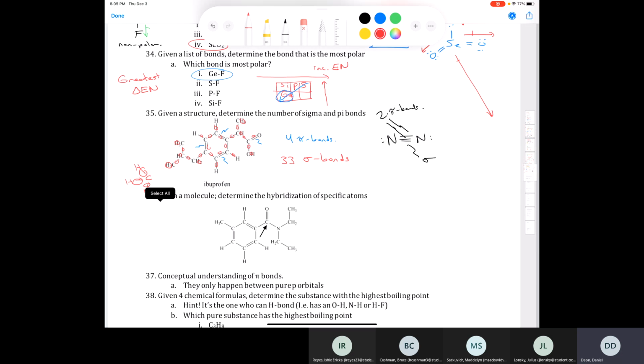Yeah, why do I say 32? What the heck am I screwing up here? I'm only counting 19 sigma bonds. Well, there's definitely more than that, right? Because this is 3 sigma bonds.